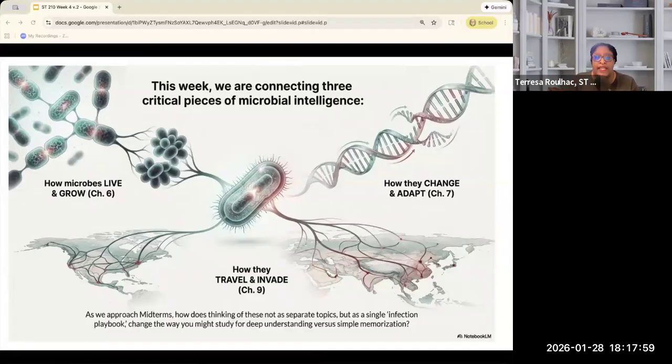Now, if you had to explain an infection to a patient, or let's even say one of your peers, let's say that you guys are studying together, would listing facts help or really explaining what's going on in more of a story fashion? And the reason I ask that is because, as you can see for our surgical tech program, it shows how microbiology tells stories, how different chapters connect and build onto each other.